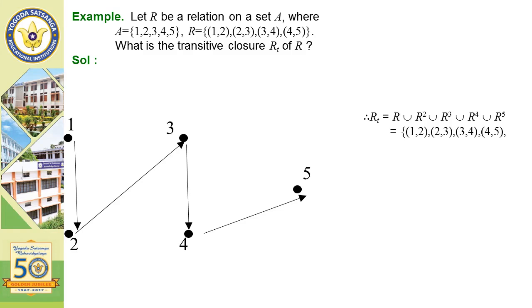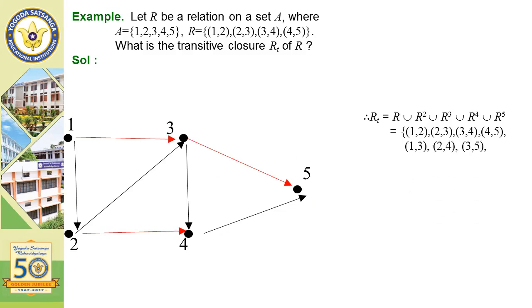Next we have to find R square. R square means the path length of 2. Since (1,2) then (2,3), therefore from 1 to 3 the path length is 2. In this way 2 to 4: how is it 2 to 4? 2 to 3 and 3 to 4. Therefore 2 to 4 is path length of 2. In this way 3 to 5 is also a path length of 2.